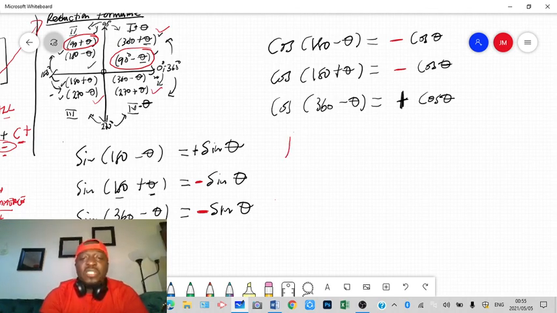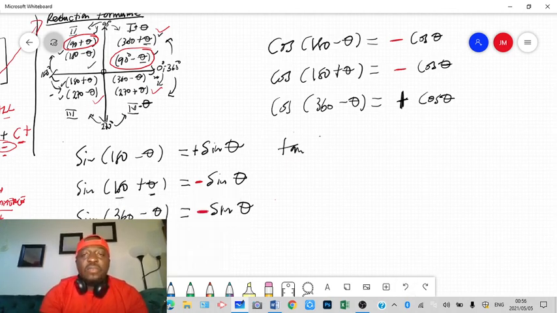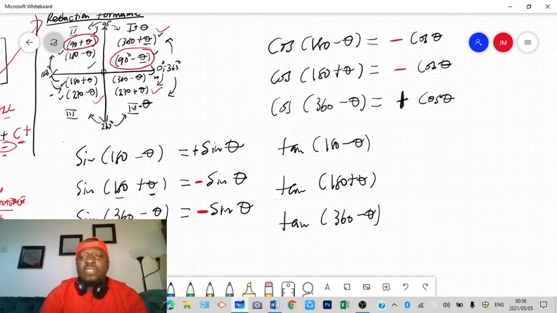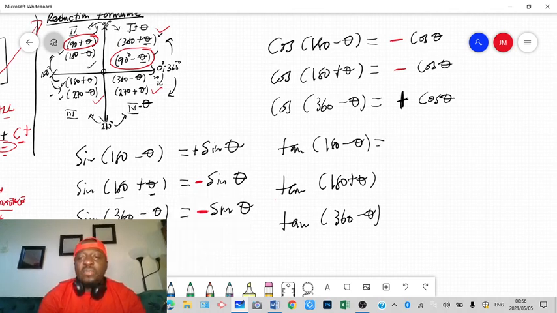Yes, now check your tan with the three reduction formulas that I've listed here: your tan 180 minus theta, your tan 180 plus theta, and then your tan 360 minus theta. So first identify the signs in each of the reductions.